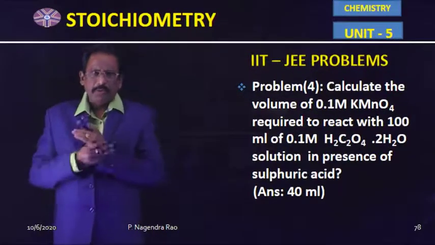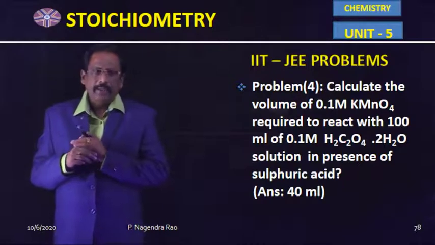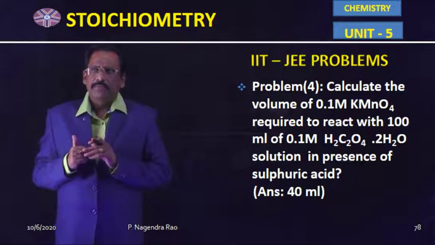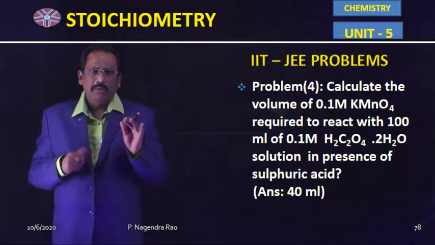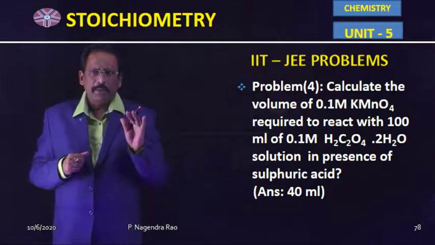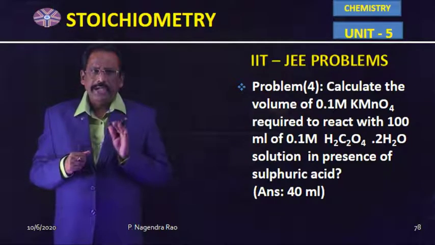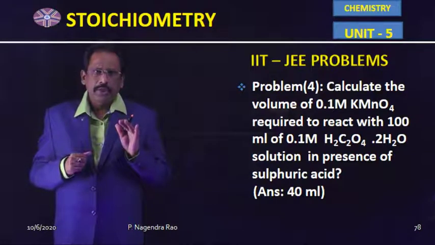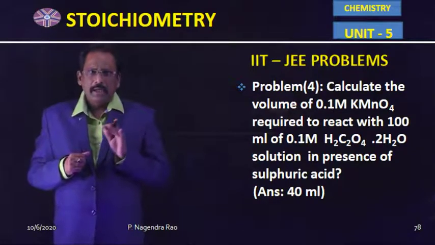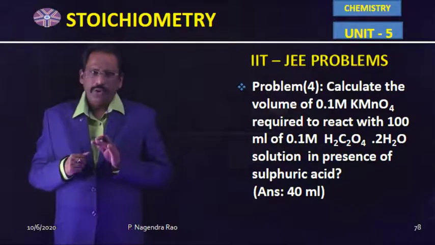In this problem, calculate the volume of 0.1 molar potassium permanganate solution required to react with 100 ml of 0.1 molar oxalic acid solution.